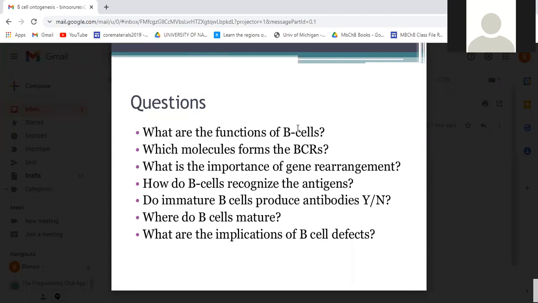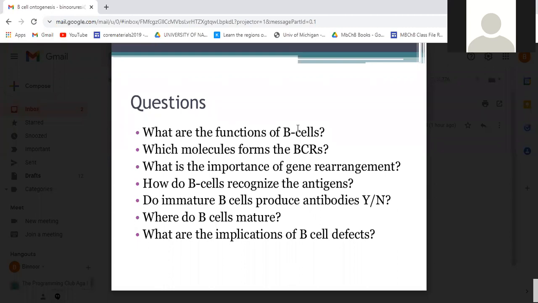Then how do B cells recognize the antigens? We have seen that these B cells must first go through the process of gene rearrangement, which is the importance of gene rearrangement above there, and then they acquire mature status by having the IgM and the IgD, which must interact with antigens.